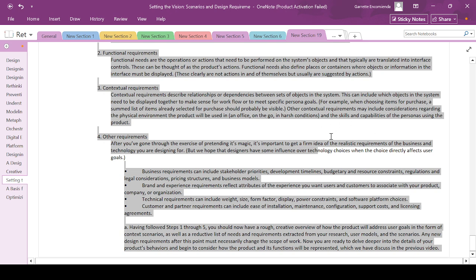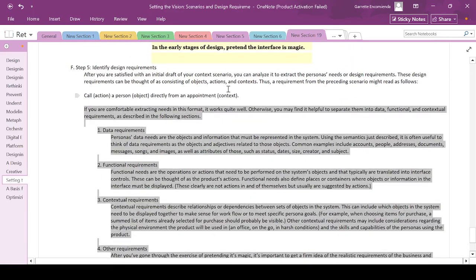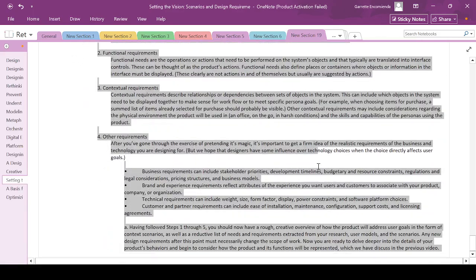Other contextual requirements may include considerations regarding the physical environment the product will be in use, whether in office, on the go, or in harsh conditions. So here, at home, because she's just setting the appointment early while she's serving her kid, and the skills and capabilities of the persona using the product. Since the real estate agent is a bit techy, she uses the phone. She knows that it's less cognitively demanding than the desktop.